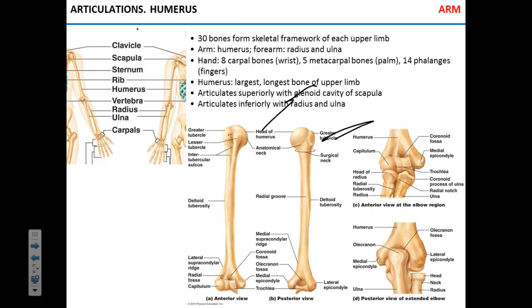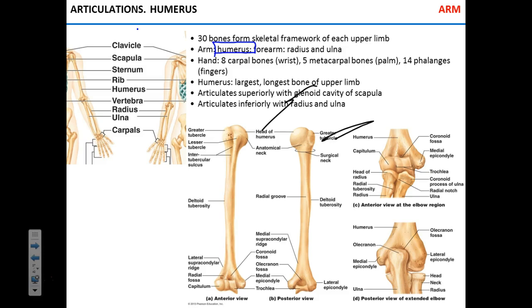Arm. Thirty bones. Let me do a quick overview. Okay, so this is the humerus. Part of the reason why I got rid of the short answer anatomy exams is the spelling of humerus. This is not funny. Sorry for the bad pun. So the humerus is the most proximal and the biggest bone of the upper arm.